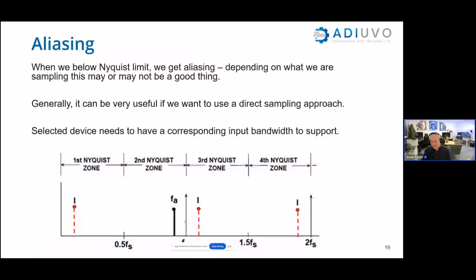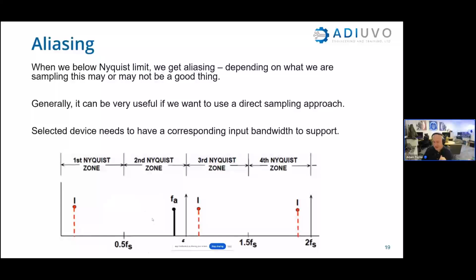If we have the sampling frequency at the center point here, then the first Nyquist zone is anything between that and half the sampling frequency. That's the traditional approach, where we're sampling at least twice the frequency, because the signal is lower than that.